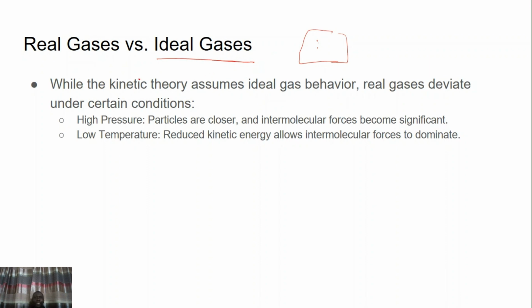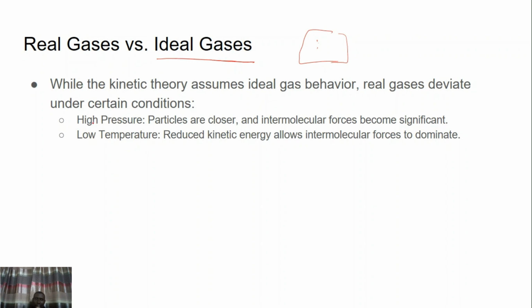Real gases that exist, like the oxygen and the nitrogen that you and I know, only obey this law under some conditions. That condition is usually when the pressure is not too high and the temperature is not too low.